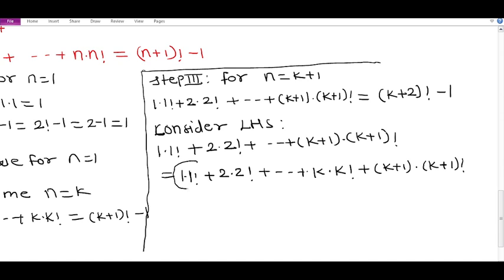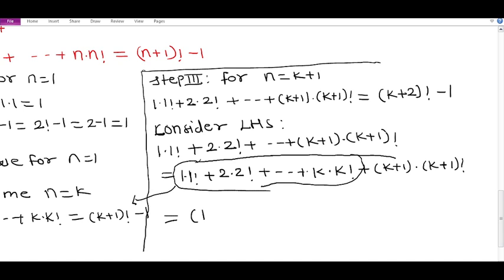Now the value of the first terms, using step number 2, is (k plus 1) factorial minus 1 plus (k plus 1) into (k plus 1) factorial.